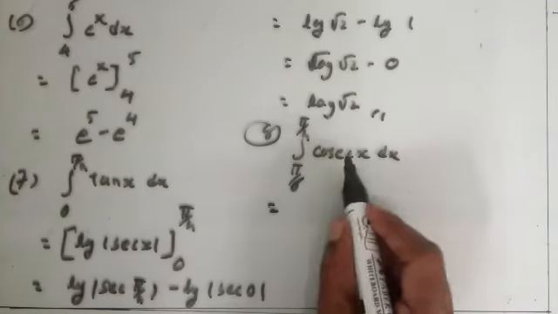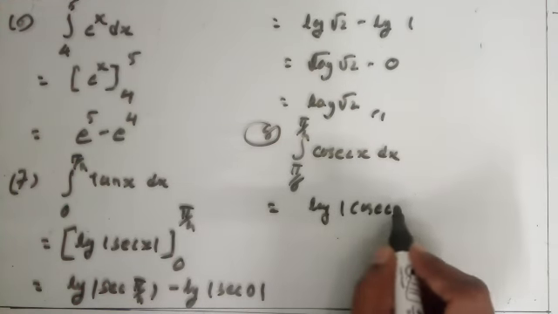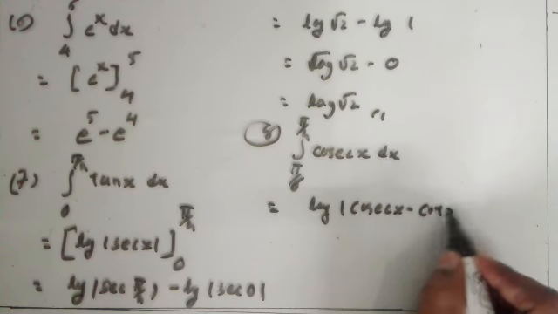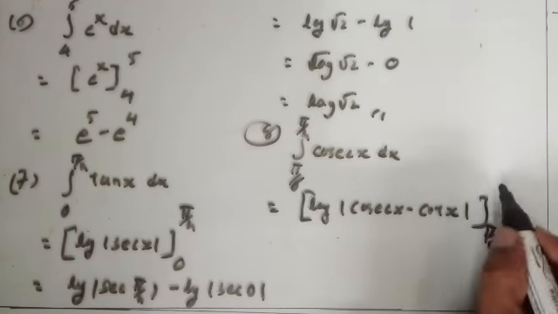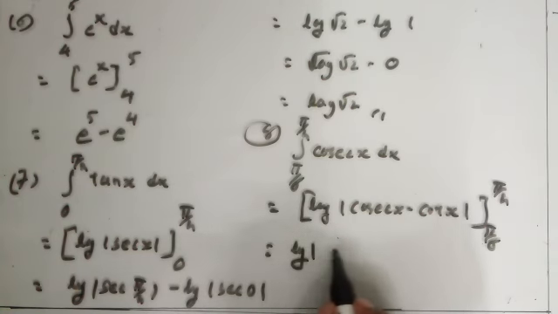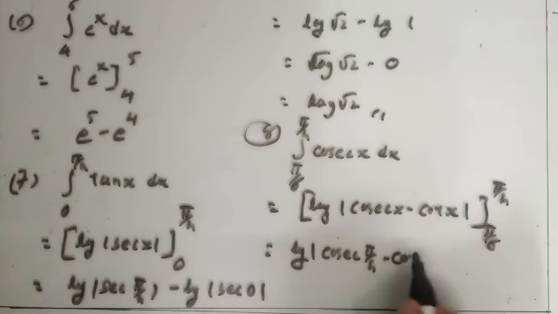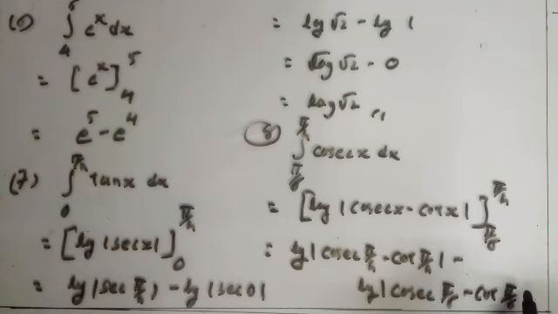We know that the integration of cosec x is equal to log mod cosec x minus cot x, and apply limit pi by 6 to pi by 4. So is equal to log mod cosec pi by 4 minus cot pi by 4, minus log mod cosec pi by 6 minus cot pi by 6.